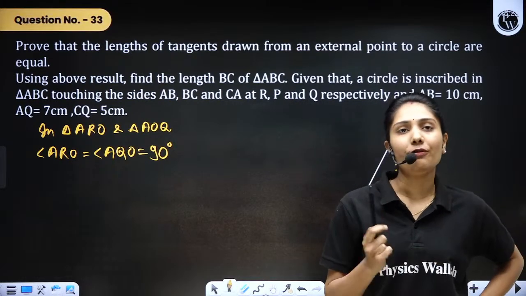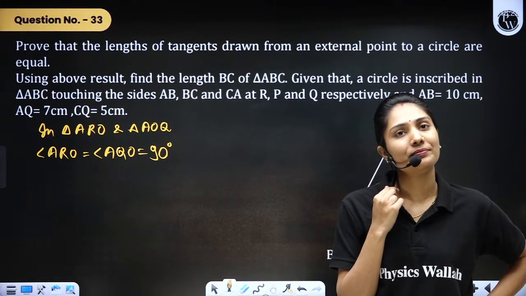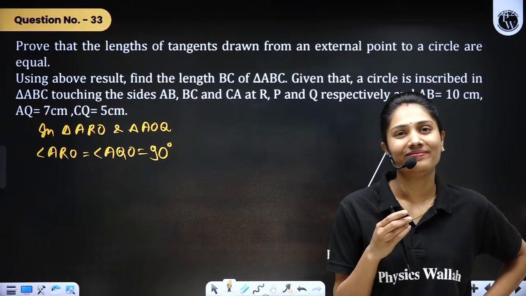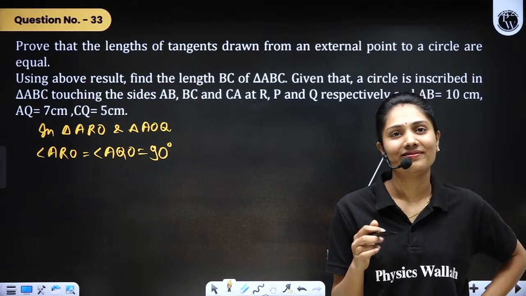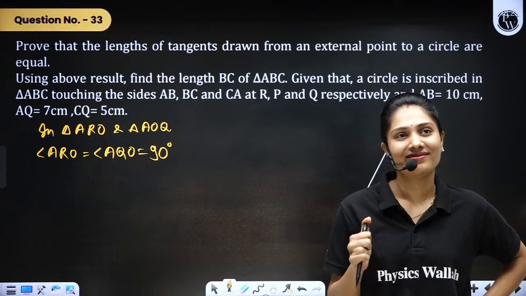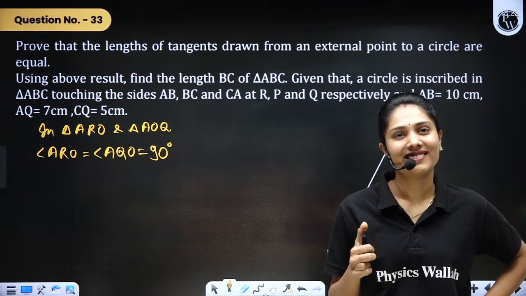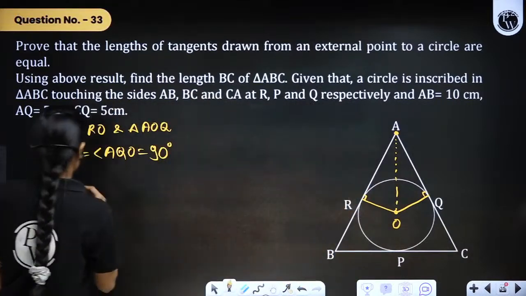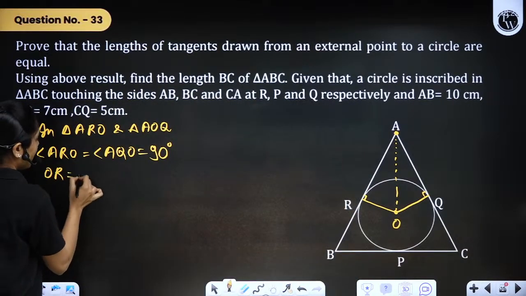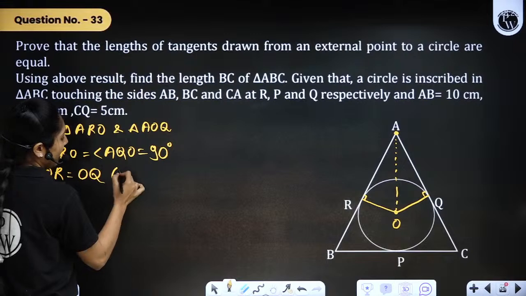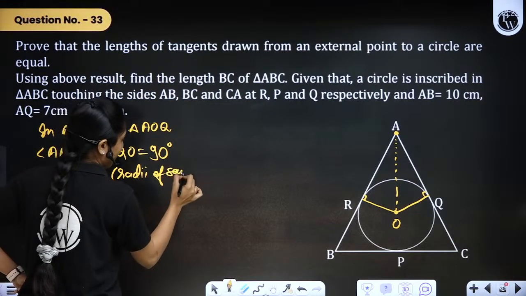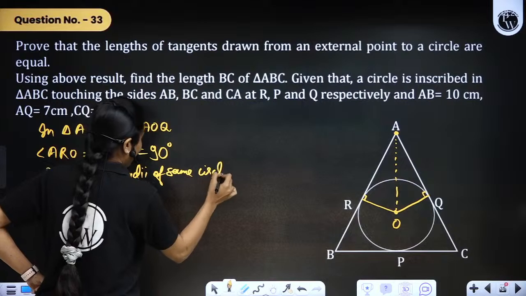Apart from that, what can we use here? Also OR is equal to OQ. Reason: they are radii of the same circle.